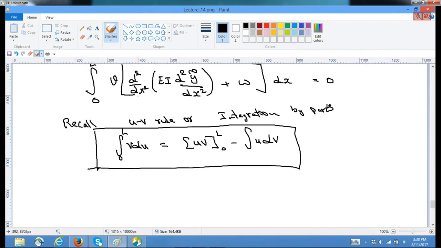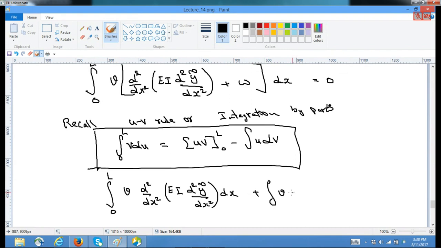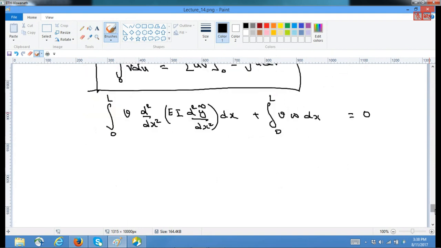Now I make use of this on the first term. The first term of the above equation is the integral from 0 to L of v d square by dx2 of EI d2 y tilde by dx2 dx, plus v w dx from 0 to L. Using integration by parts, I would like to write this as the integral from 0 to L of v d by dx of d by dx of EI d square y tilde by dx2 dx.